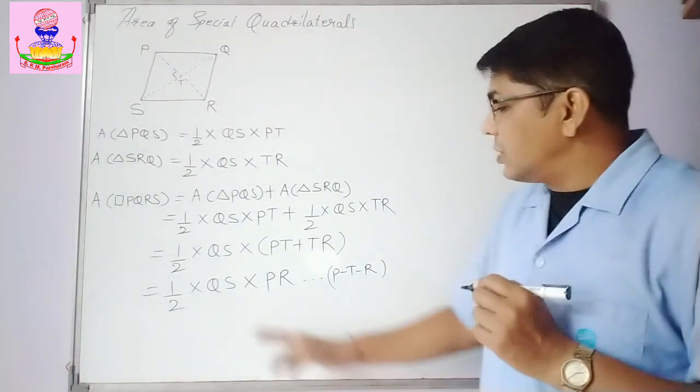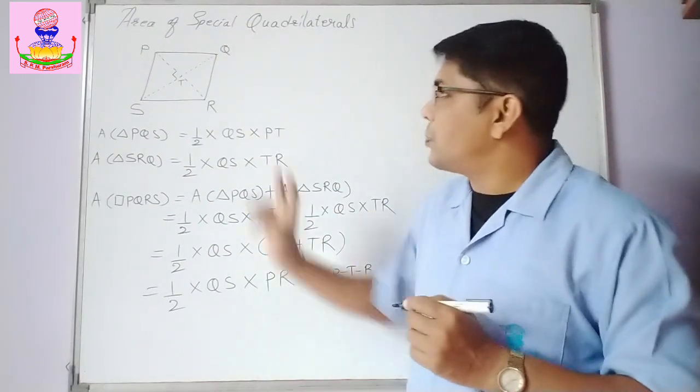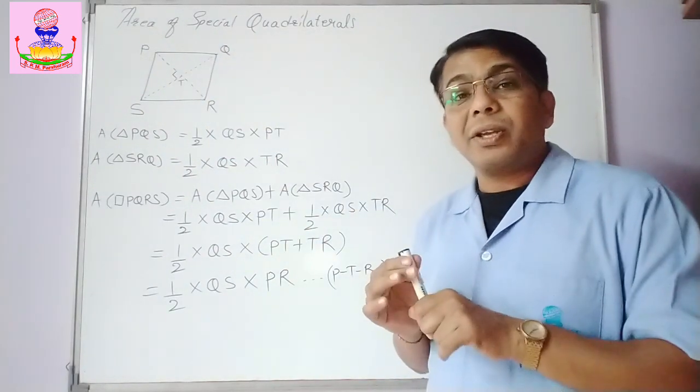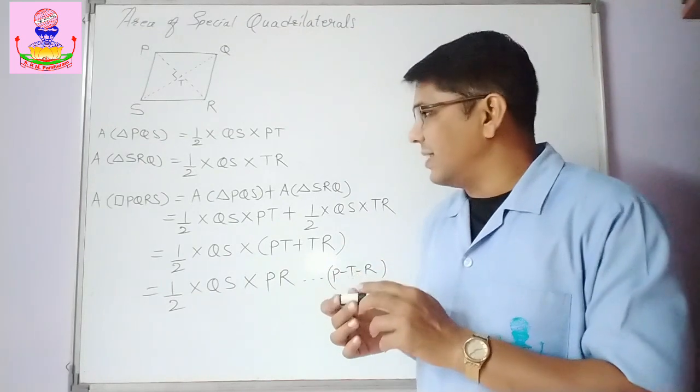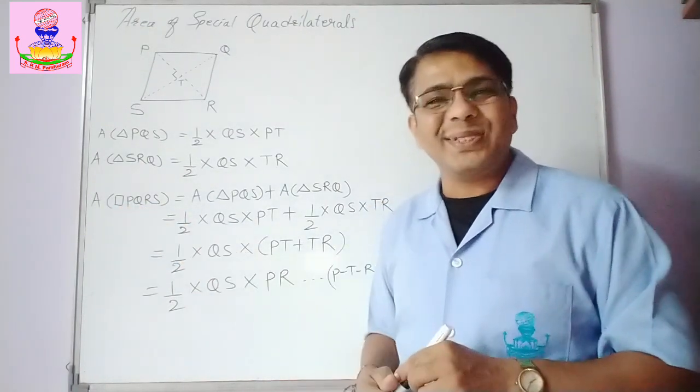Okay, now what is QS? Diagonal. What is PR? Diagonal. So if I know the lengths of the diagonals, I can find area of the rhombus.